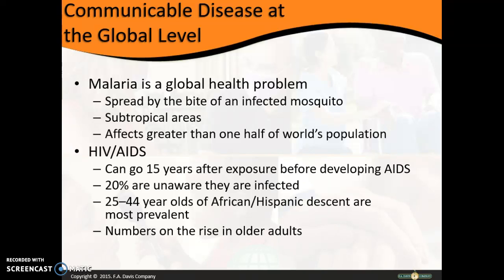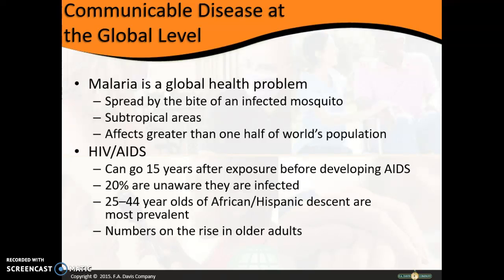HIV/AIDS is also one because you can go 15 years after being exposed before really getting the more serious immune deficiency part of the disease. And because of that, a lot of patients, 20%, are totally unaware that they've even been infected. Some common factors are that 25 to 44-year-olds in the African and Hispanic descent population are most prevalent.